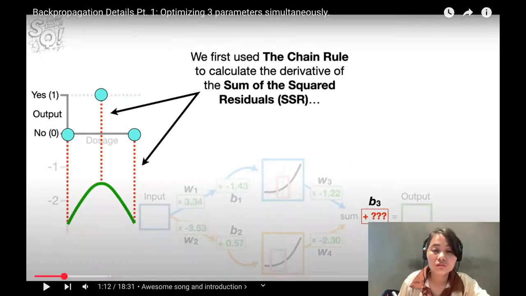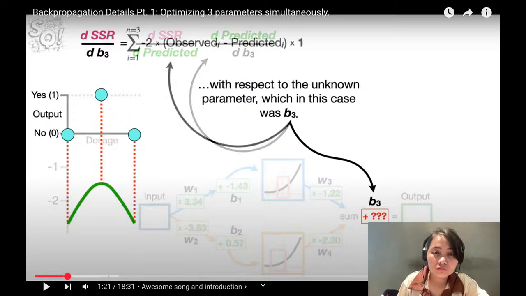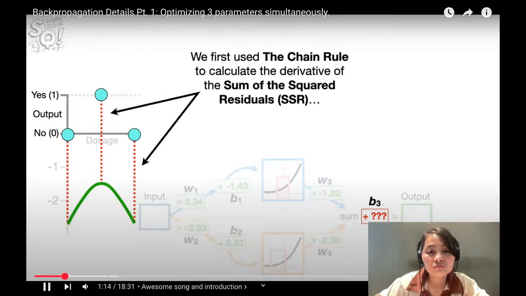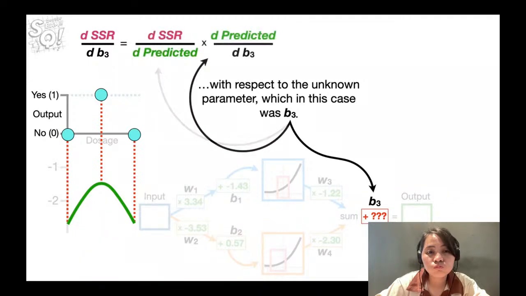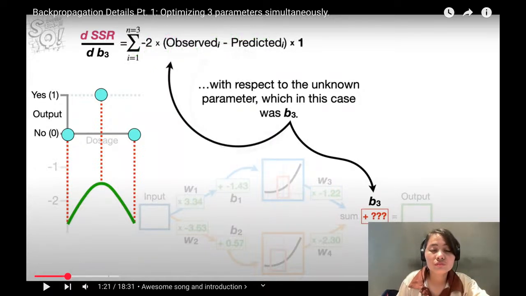We first used the chain rule to calculate the derivative of the sum of the squared residuals with respect to the unknown parameter, which in this case was b sub 3.